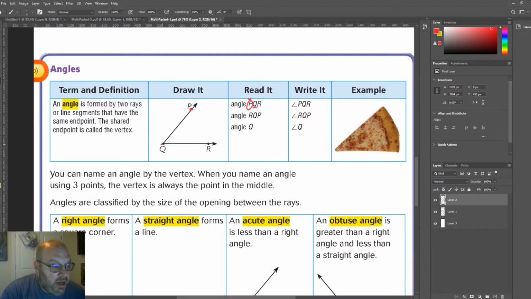Q is right here. And R is right here. So we just read it as we go along the angle. We start at one end of a ray or line segment, and we go P, Q, R. Good. Or we say angle R, Q, P.